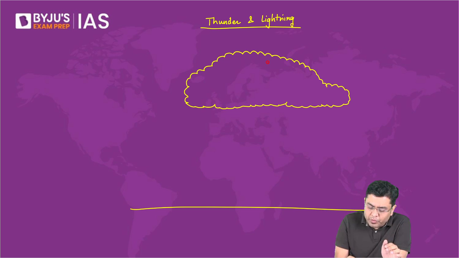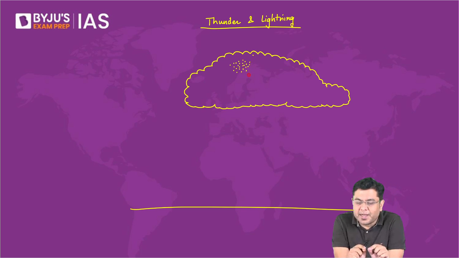So whenever you have various different ice particles and the dust particles included within them, when they rub against each other, they will end up developing a kind of a charge, right? So let's assume a particle from here, it starts dropping down into the lower portion of the cloud.